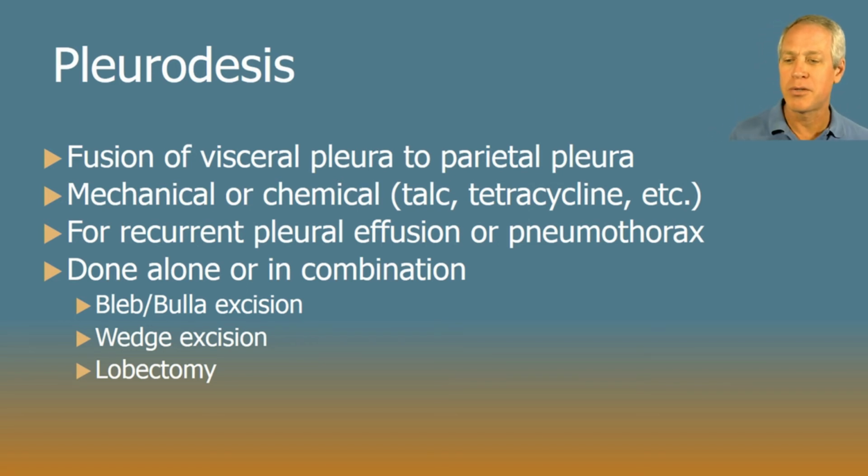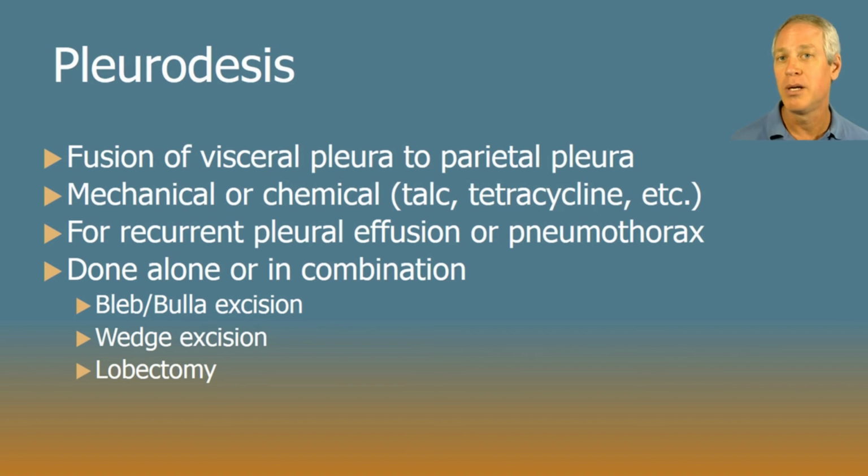So it's a fusion of the visceral pleura to the parietal pleura by a number of means, mechanical or chemical, as we say. So the mechanical involves literally scrubbing the surface of the lung, the visceral pleura, with a slightly abrasive pad or even a piece of gauze to roughen up the surface, and it reacts to that by scarring to the parietal pleura inside the chest wall.